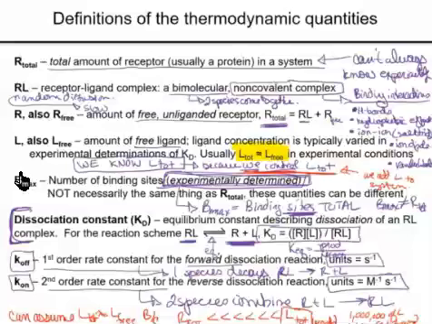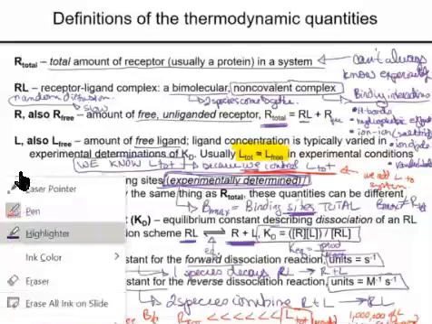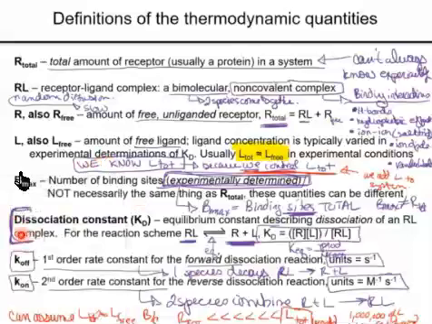All right, let's get back the laser pointer here. Now, if we look at Bmax, Bmax is the number of binding sites, and this is experimentally determined. This is not necessarily the same thing as receptor total for a system, because Bmax is the number of binding sites total, and understand that some receptors have more than one binding site.